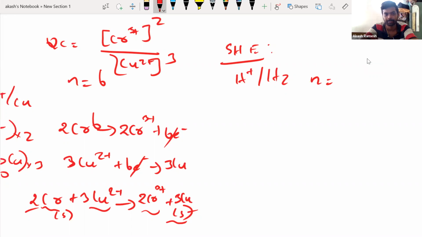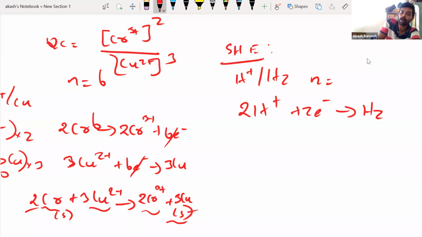Look at it properly and tell. 2, sir. 2, right? How is it 2? Because if I write the reduction reaction, 2H+ will accept 2 electrons to form H2. See, you have 2 here. It's not H, it is H2. So I will take 2H+, and obviously it has to accept 2 electrons. The n value would be 2. Remember that H2 is a gas here.